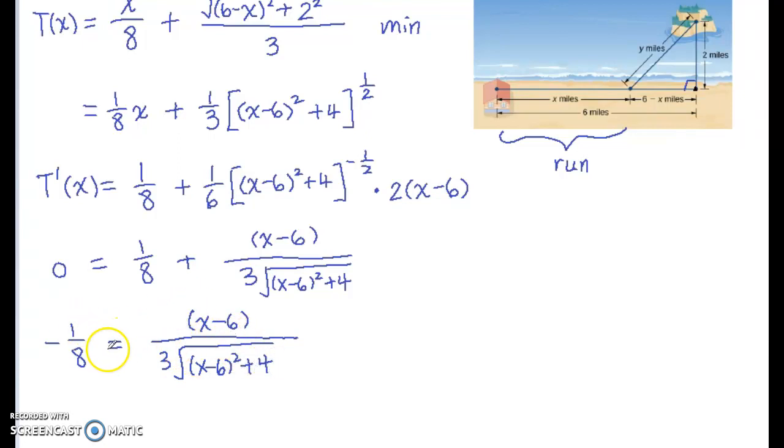We have two fractions equal to each other, so we can cross multiply, thinking of it as 1 over negative 8. Negative 8 times (x minus 6) equals 3 times the square root of (x minus 6) squared plus 4.